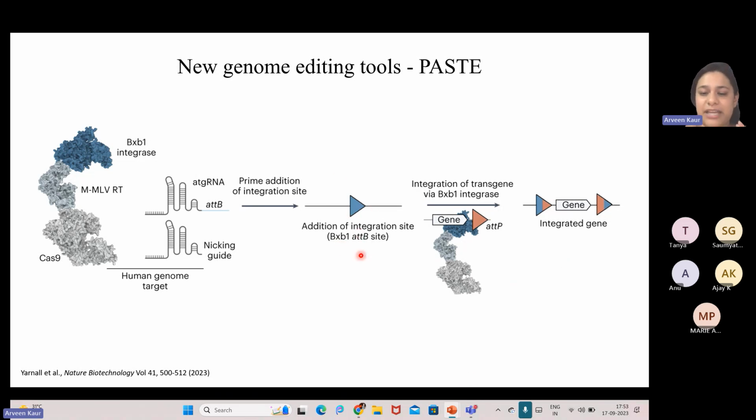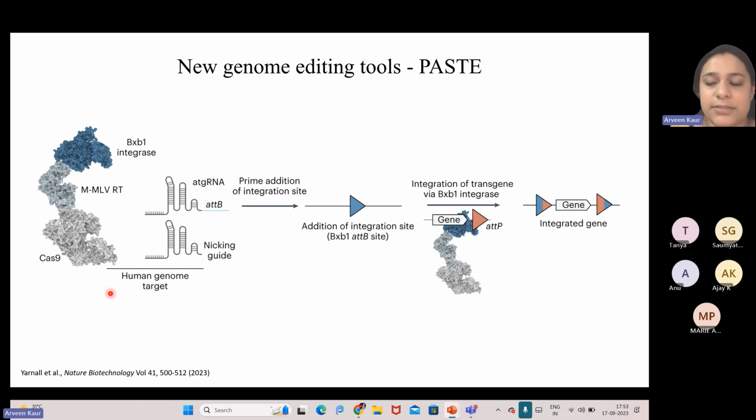So this ATT-B will be found by this ATT-P site that is present on this integrase, and once it finds this site, it will attach to this ATT-B such that this gene is basically integrated within that particular genome target, right? So this is basically a pasting mechanism, which is one of the newer editing tools that has been devised by this particular group.